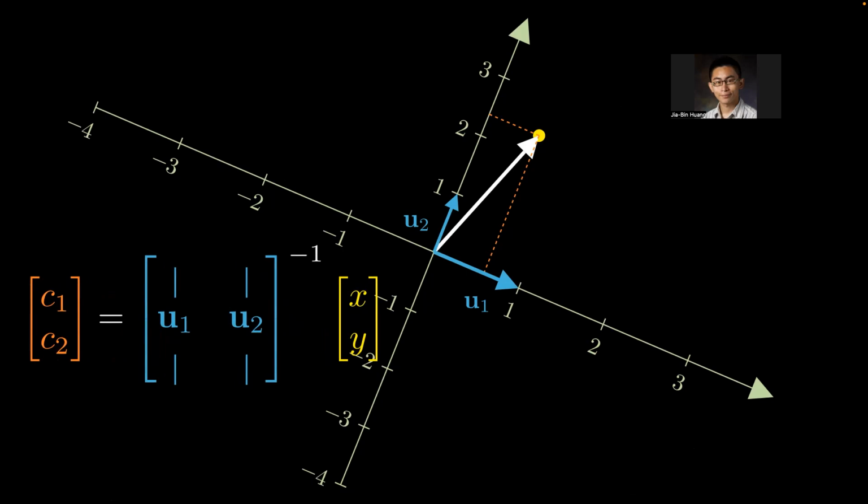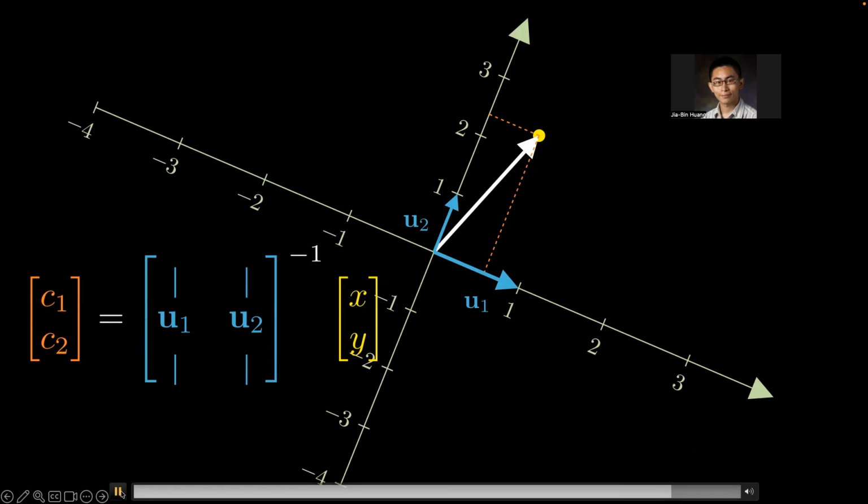There's something in algebra here: if you have a basis that is orthogonal and normal, with unit column vectors, the inverse is just the transpose. It's just some basic linear algebra facts.